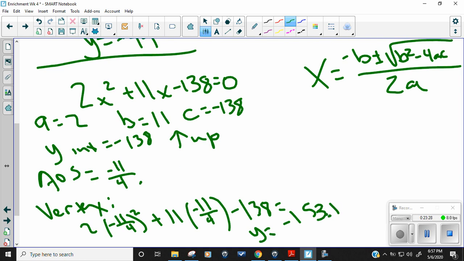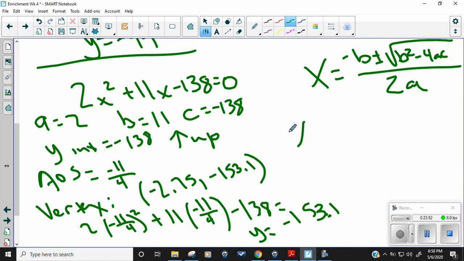So my vertex is negative 11 fourths, which is negative 2.75. Not far on the x, but on the y, it's negative 153.1. And again, it opens upward, crosses at negative 138 on the y, so the vertex has to be lower than that y-intercept. So there's that.